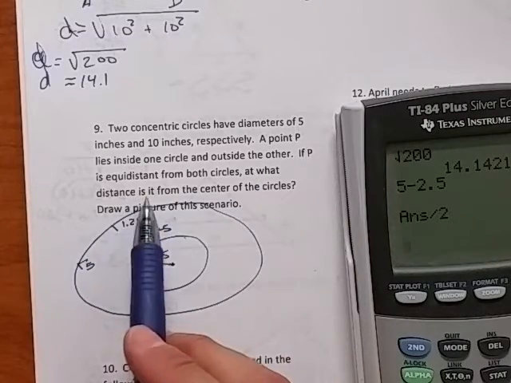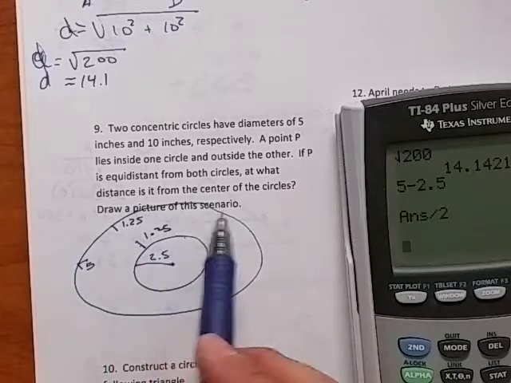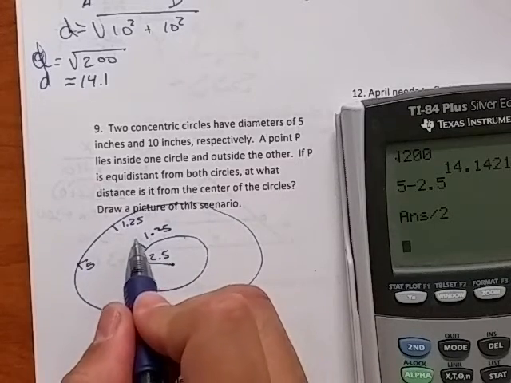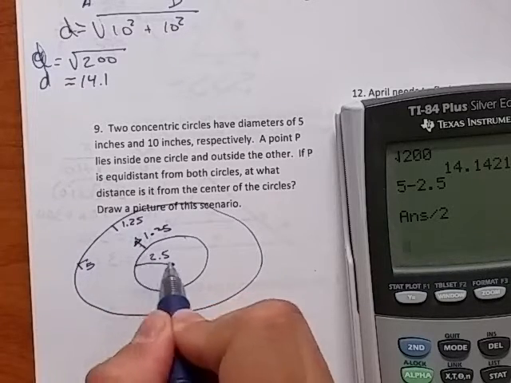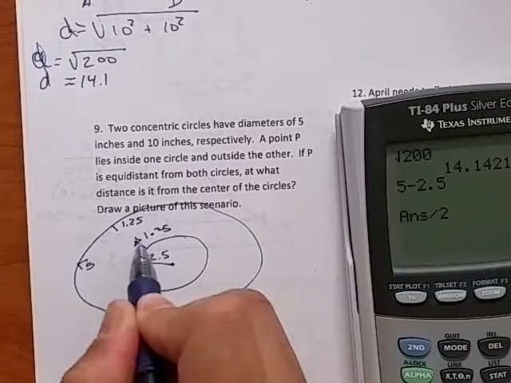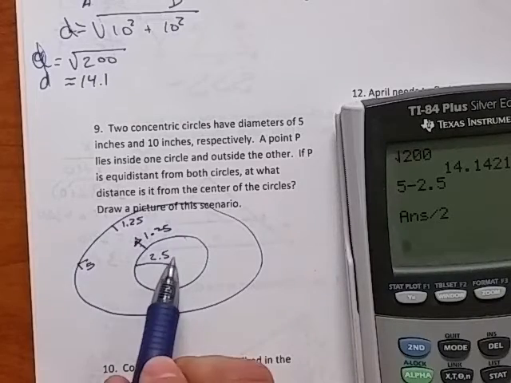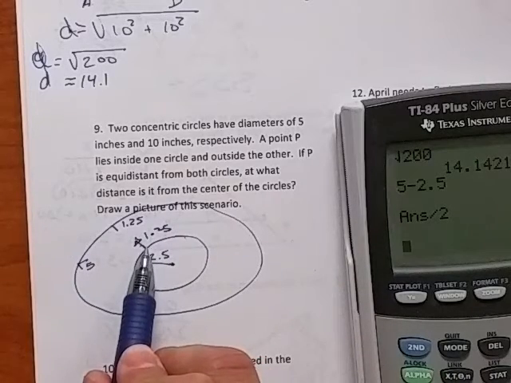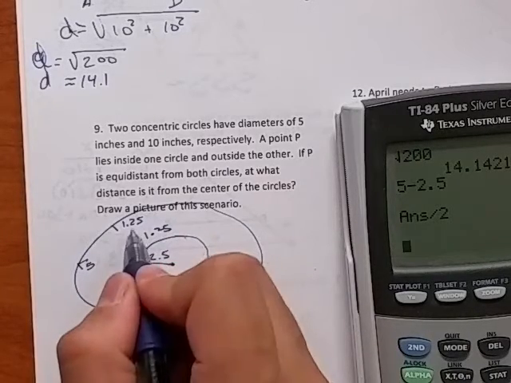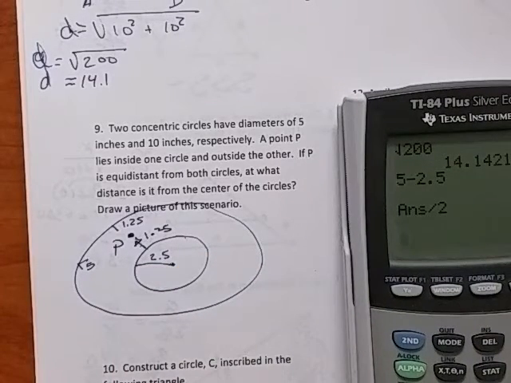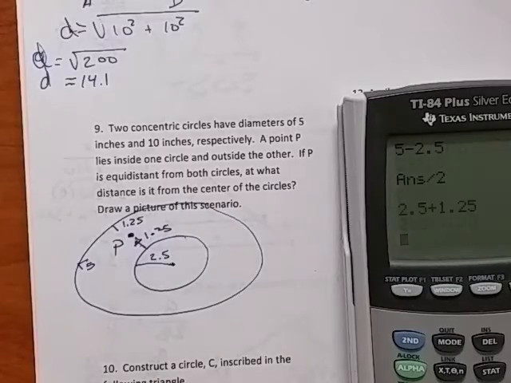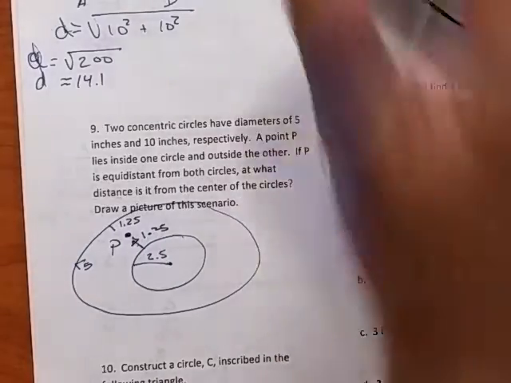And at what distance from the center of the circle, draw a picture for the scenario. So if it is 1.25 that way from this circle, but this circle is from the center, so it's actually just going to be 2.5 from here to here and 1.25 to wherever my point P is going to be. So 2.5 plus 1.25 is going to give me 3.75.